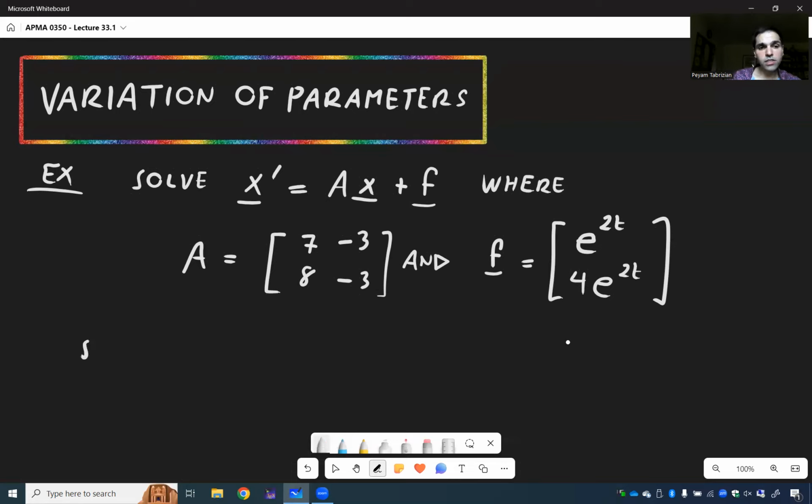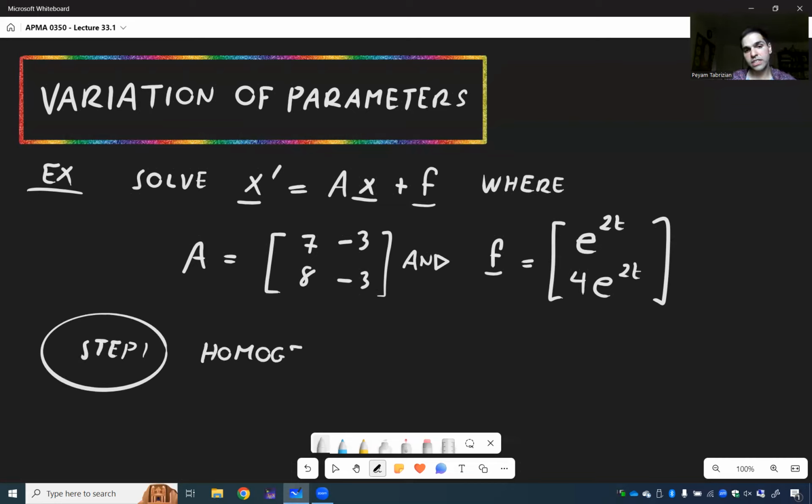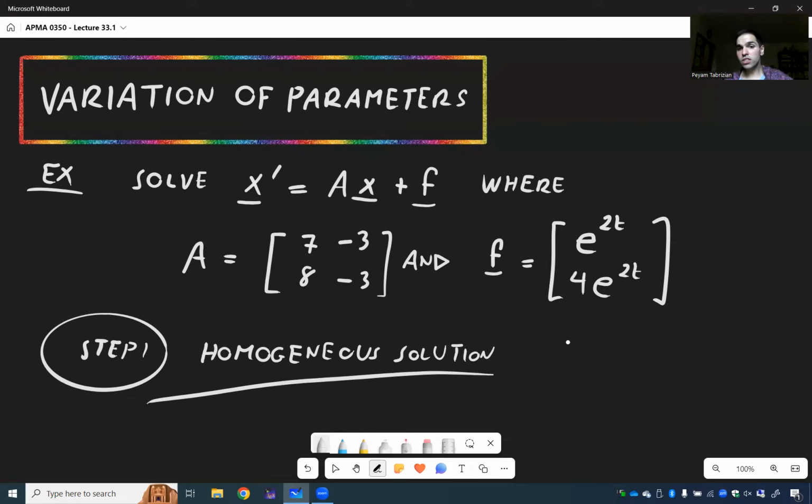Now, remember, what is var of par? It's all based on the homogeneous solution. So let's try to find the homogeneous solution. Which just means we need to solve x prime equals Ax.